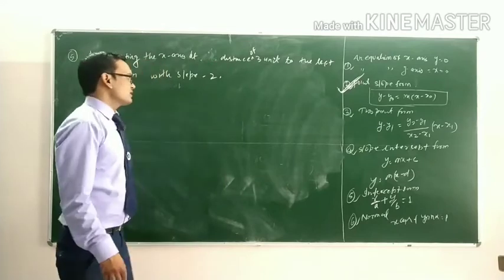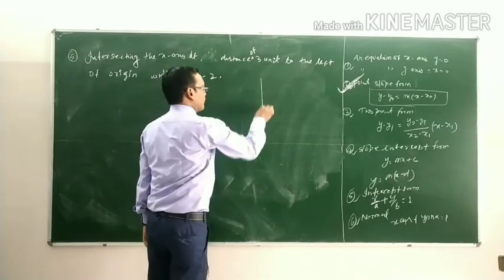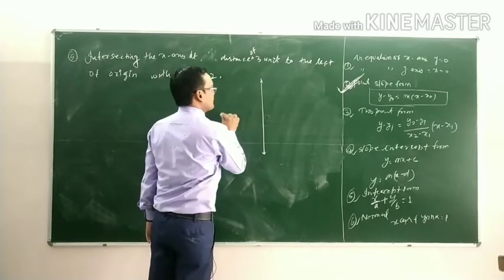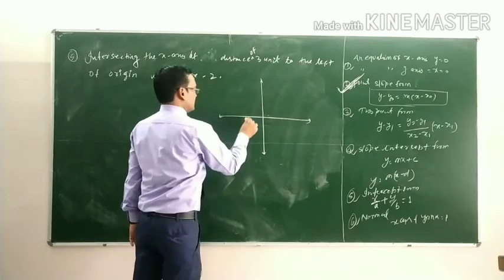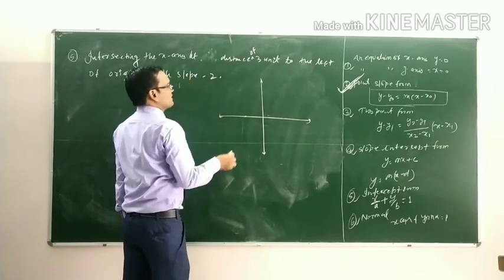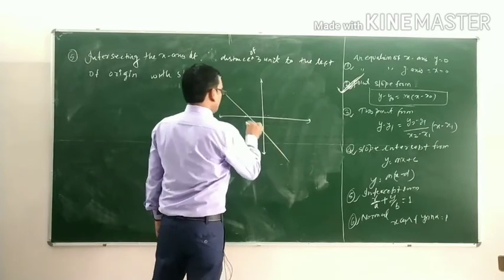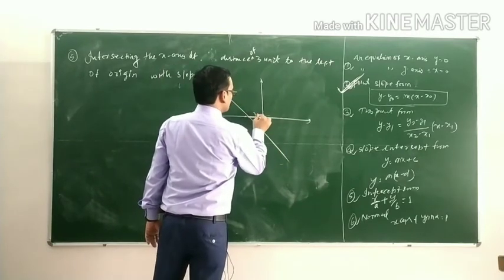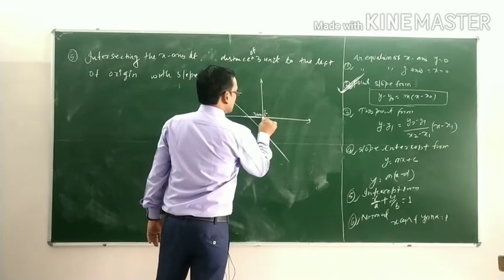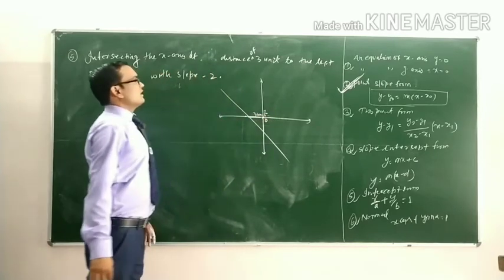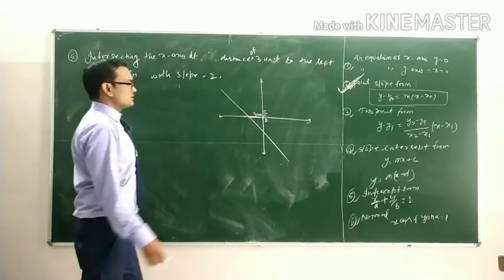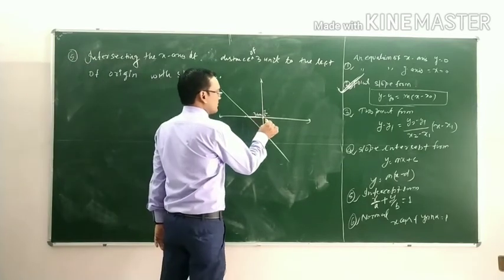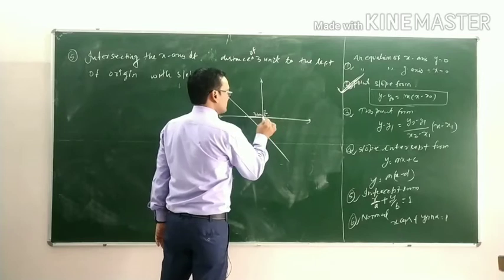Okay students, in this question find the equation of the straight line. Here the straight line has intercept 3 units in the left of the O. That means O is the origin.